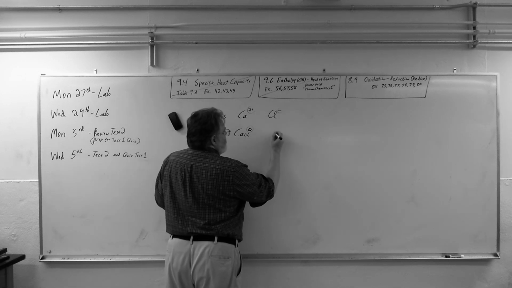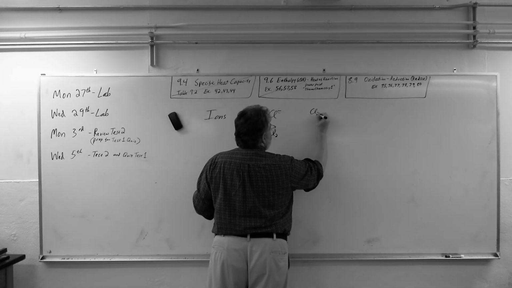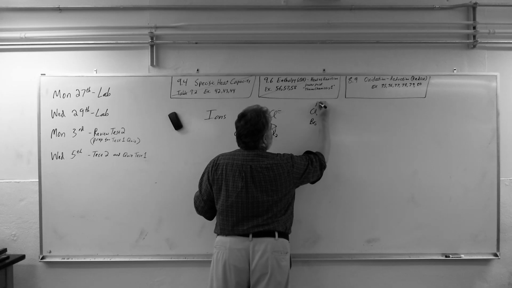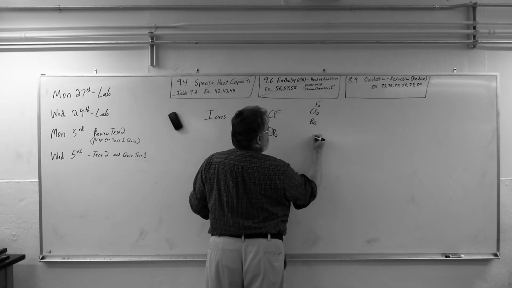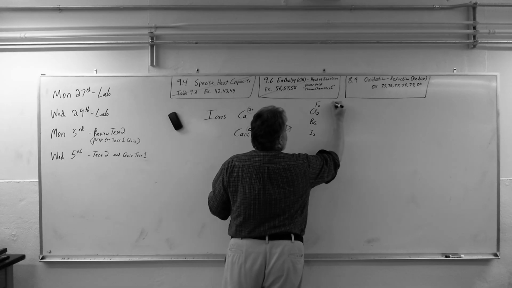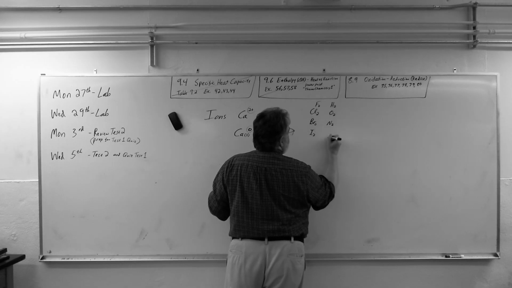It's only when we have molecules. Well, let me do this first. Chlorine 2. There's such thing as Cl2, Br2, F2. So I'm just going down the halogens. I'll say I2. Here's a few others. There's H2, O2, and N2.